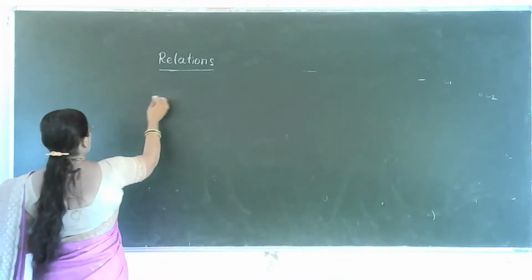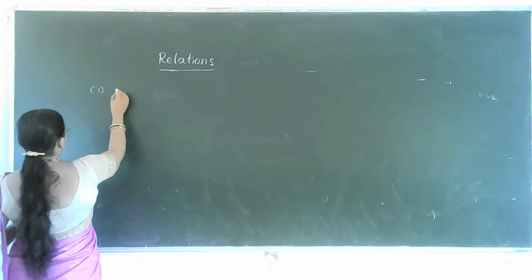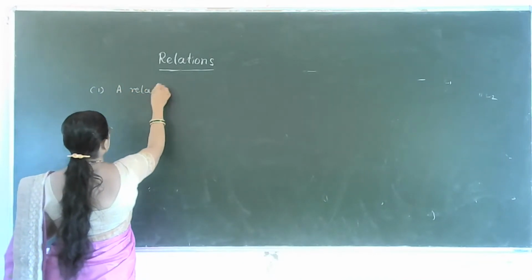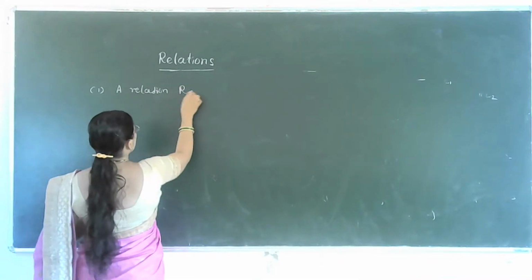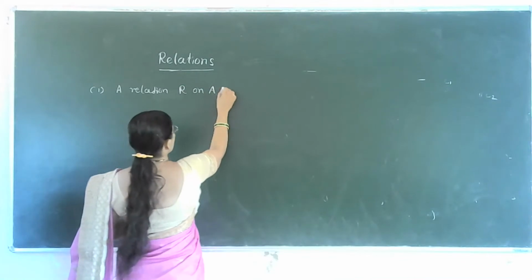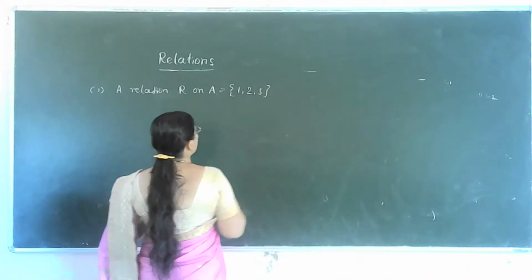Here is one more question asked on this type. A relation on A equal to {1, 2, 3}.